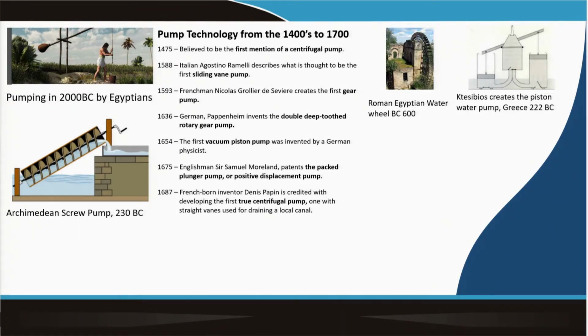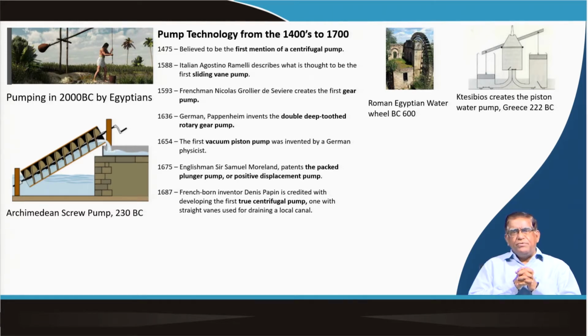You may know about the history of pumping, which started with the Egyptians in 2000 BC, who used to have this pump, and some of you might have still seen it in some of the interior villages and rural areas, taking water from the well. The basic principle is also pumping. Then, about 200 BC, Archimedes created the Archimedean screw pump for lifting water.